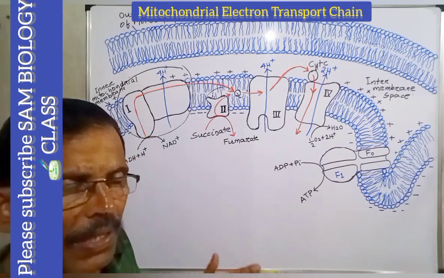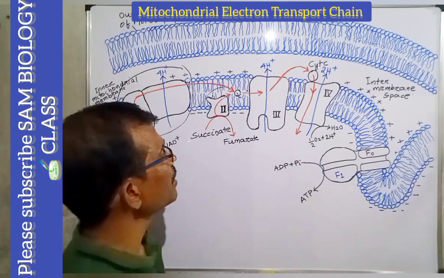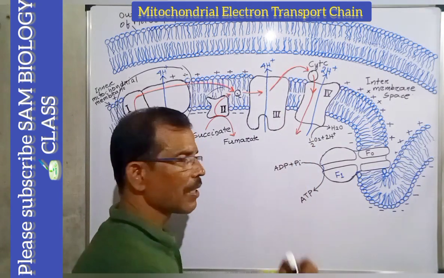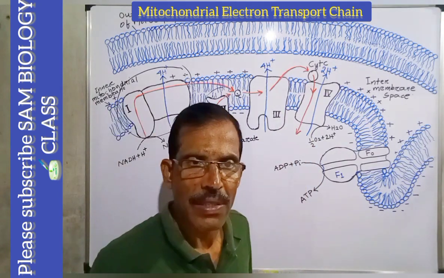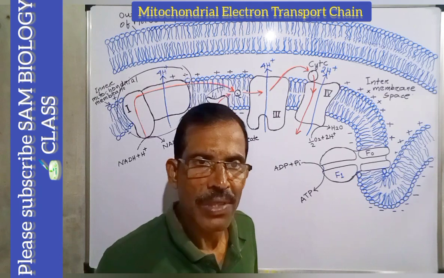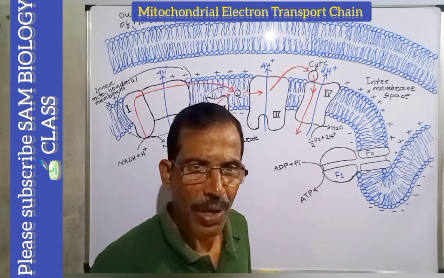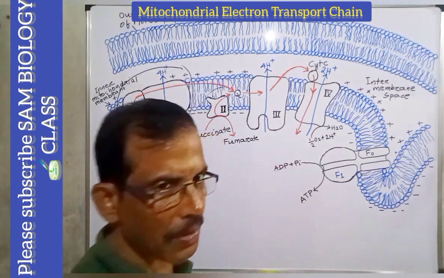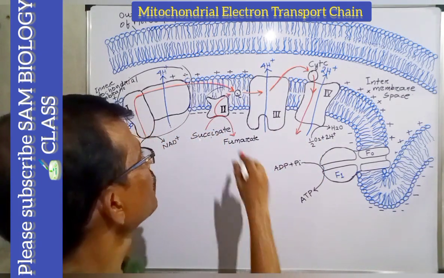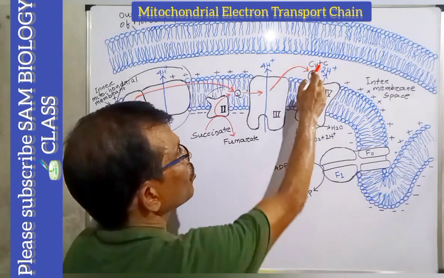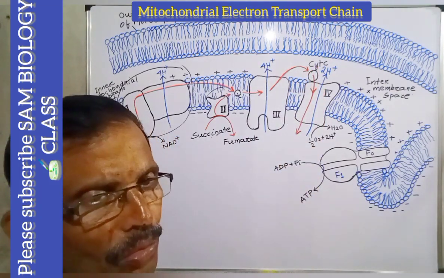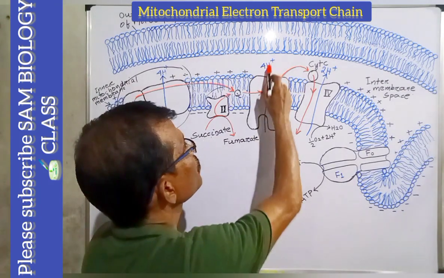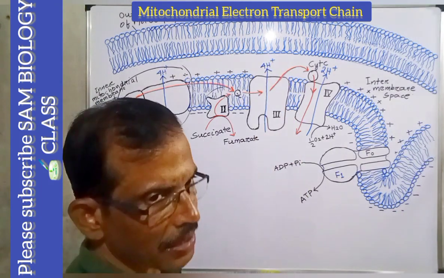The next respiratory complex of the chain is complex 3, also called cytochrome bc1 complex or ubiquinol cytochrome C oxidoreductase. Complex 3 couples the transfer of electrons from ubiquinol to cytochrome C with the outward translocation of protons from matrix to the intermembrane space.